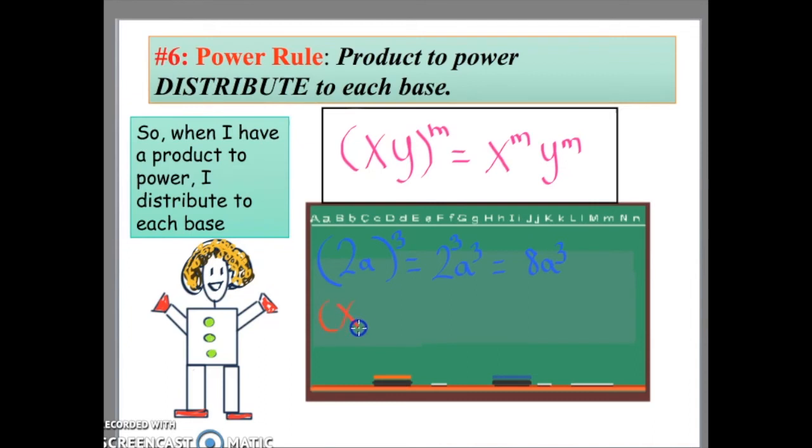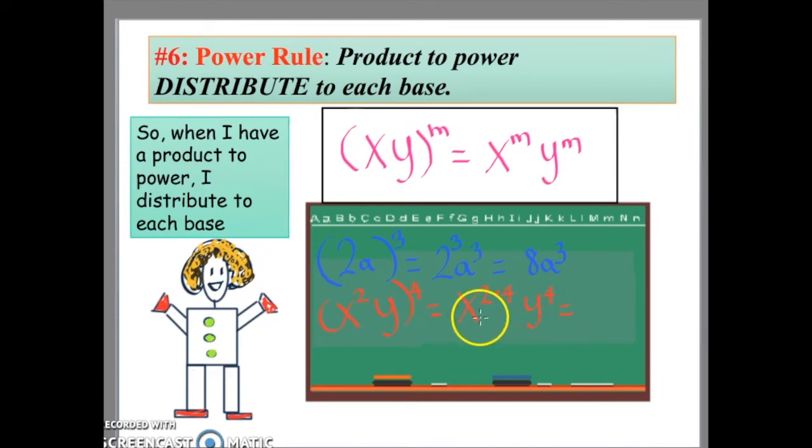So I have x raised to the 2nd power, y to the 4th power. So let's go ahead and apply the rule. Okay, to each of my bases, raise it to that power. So x, I already have a power, so I'm still going to multiply it by that 4, power to a power, and y to the 4th.